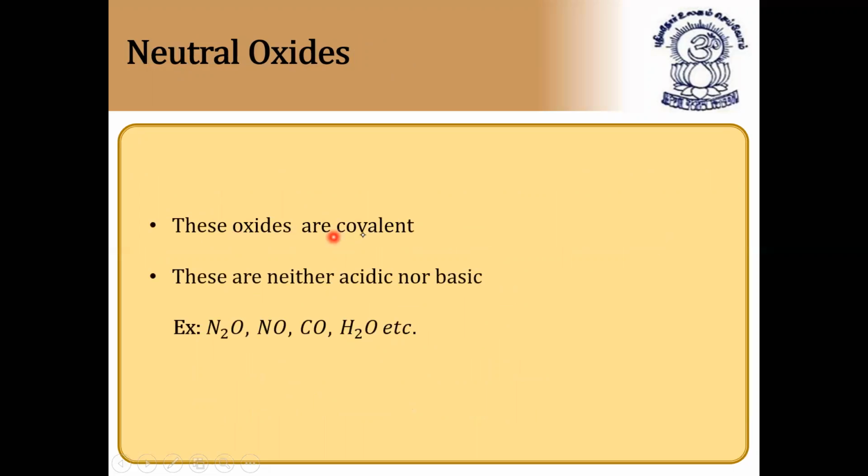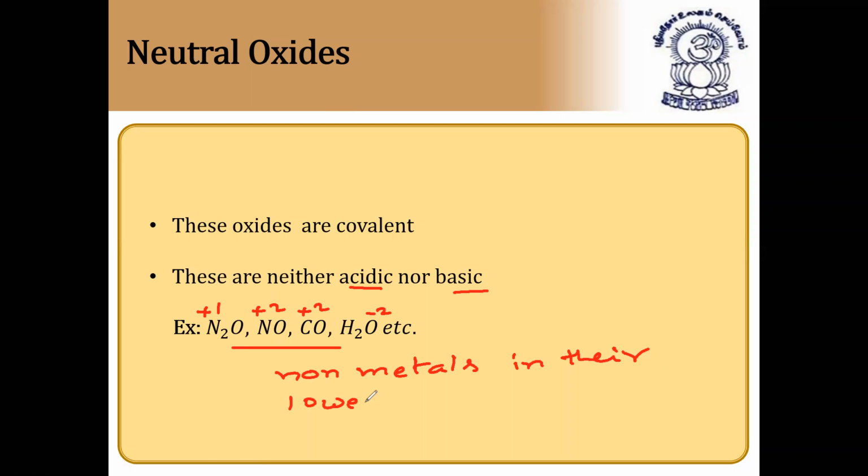Neutral oxides. These oxides are covalent in nature. These are neither acidic nor basic. Examples, as I told you, are non-metals in their lower oxidation states. The oxidation state of nitrogen here is only +1. It is +2 for carbon. And in water, the oxidation state of oxygen is -2. So the non-metal oxides in their lower oxidation states are neutral. They are neither acidic nor basic.